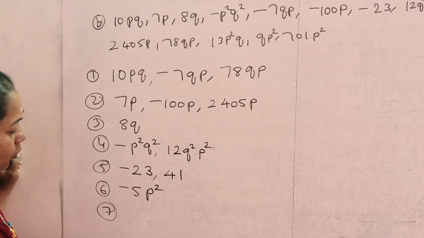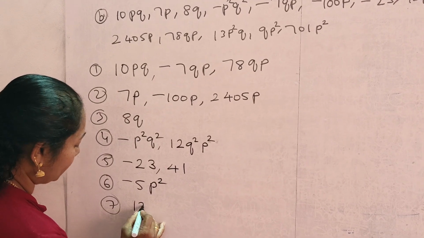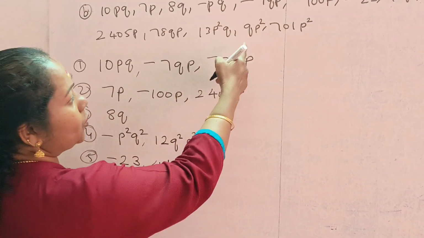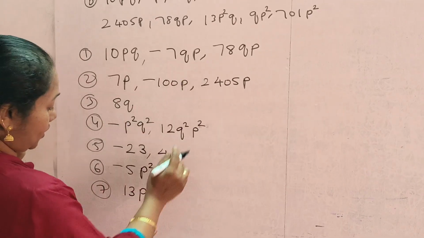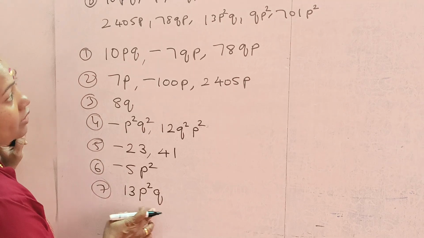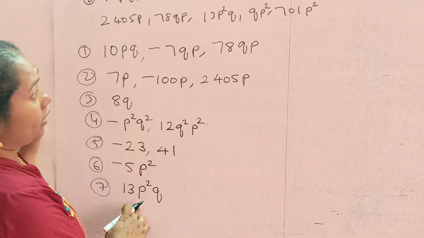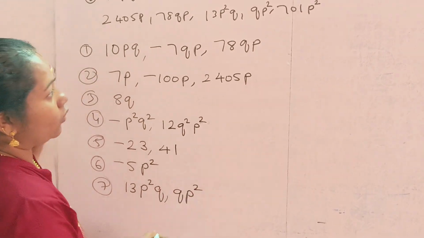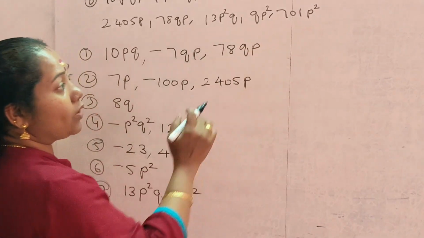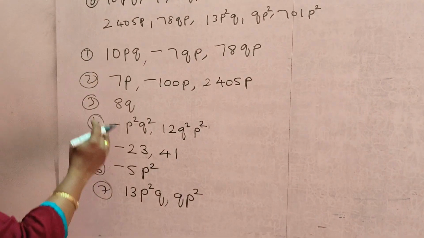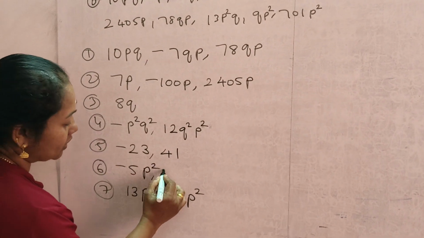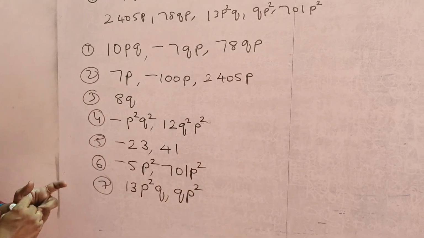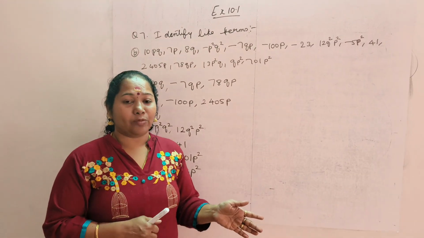We don't have p squared q. So we have to write separately. 13p squared q. Next qp squared. Qp squared is here. Look, q and p squared. We have already written here. So we have to group it with this one. qp squared. Next one is 701p squared. Do we have p squared here? It is here. So 701p squared. In this way, we have to identify the like terms.